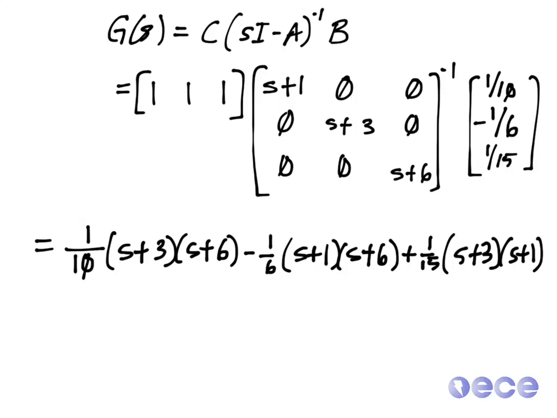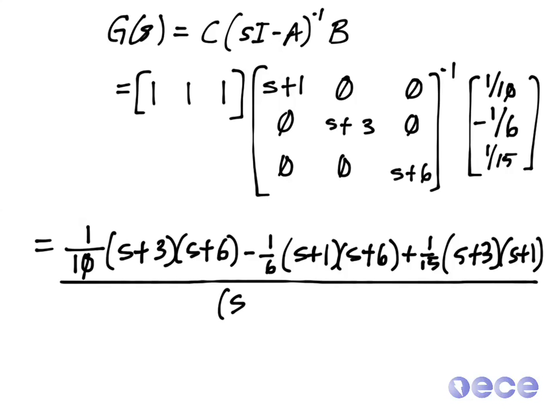And this is all going to be divided by (s plus 1) times (s plus 3) times (s plus 6), because we need to divide through by the determinant.